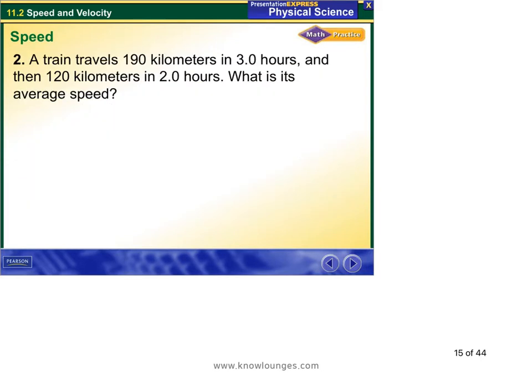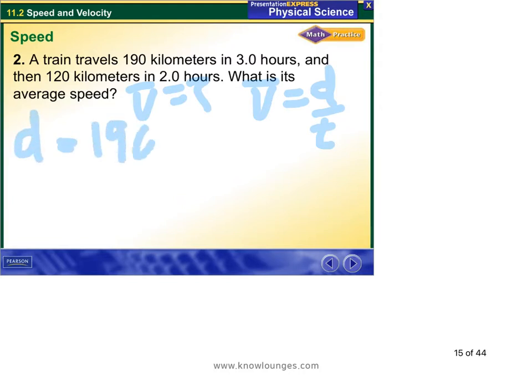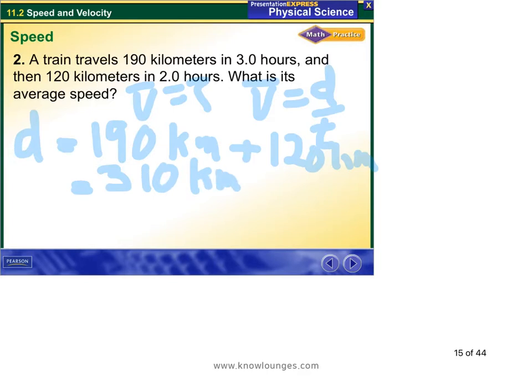Next problem. Very similar problem. We're still given some distance and time. We're still wanting to find our average speed. The formula is still distance divided by time. This time our distance is 190 kilometers plus 120 kilometers, which is 310 kilometers.